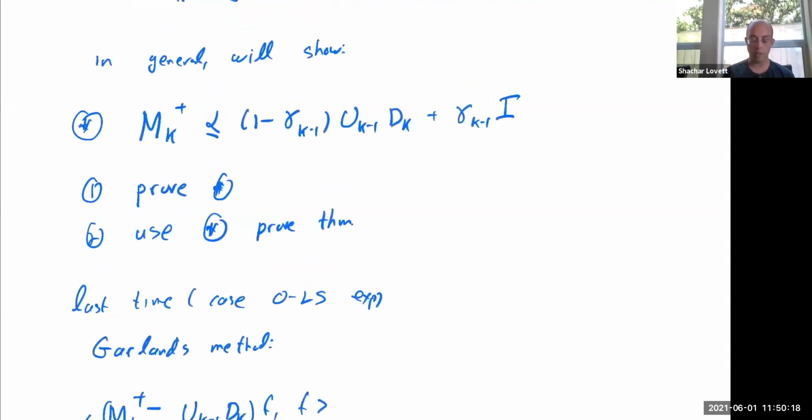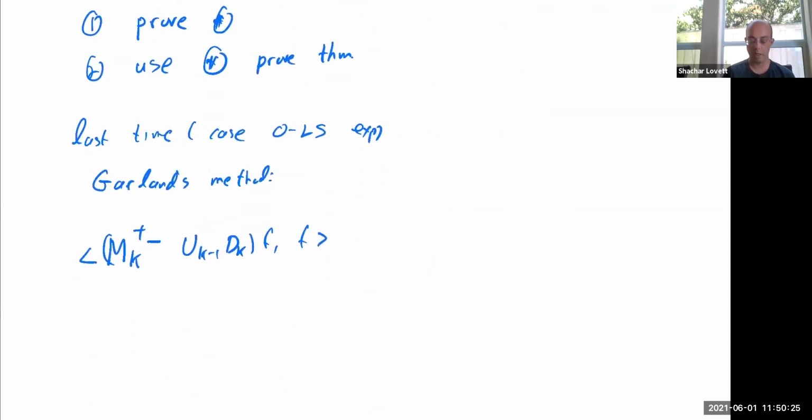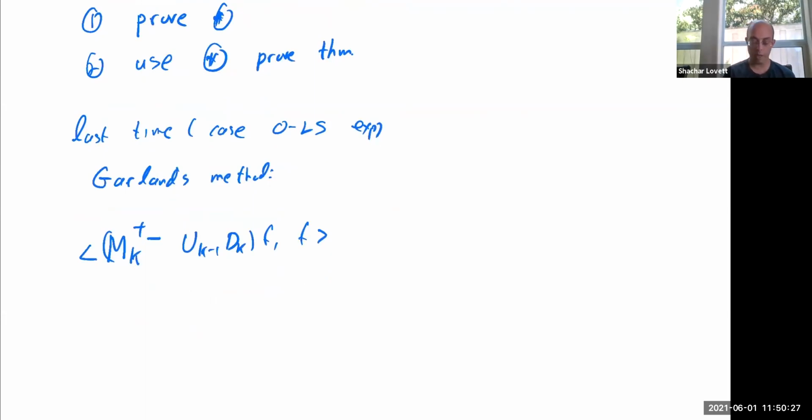Before, our goal was to prove this is non-positive. Now it's going to be slightly different. What did we say last time? We could always write this as two components: M_k^+ f, f minus U_{k-1} D_k f, f. And again, now we're going to use Garland's method and restrictions to move from analyzing functions f.